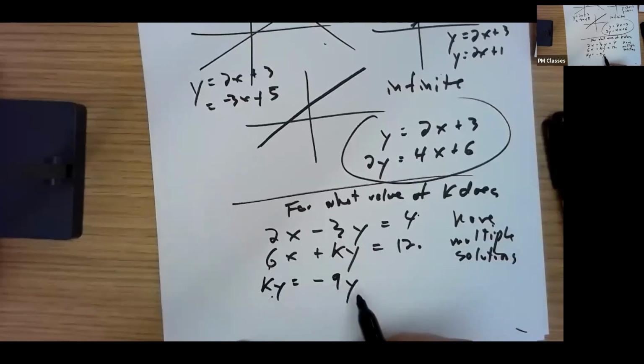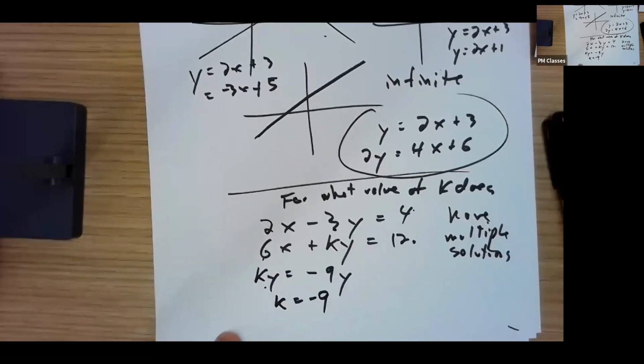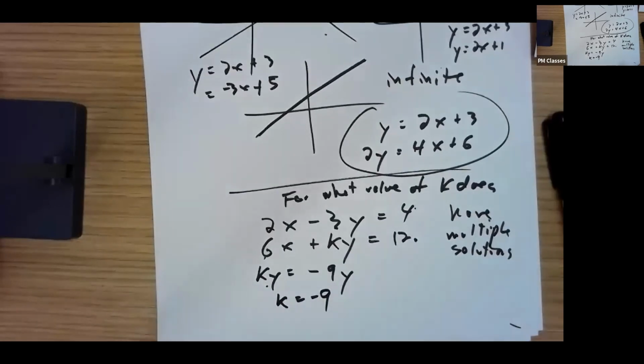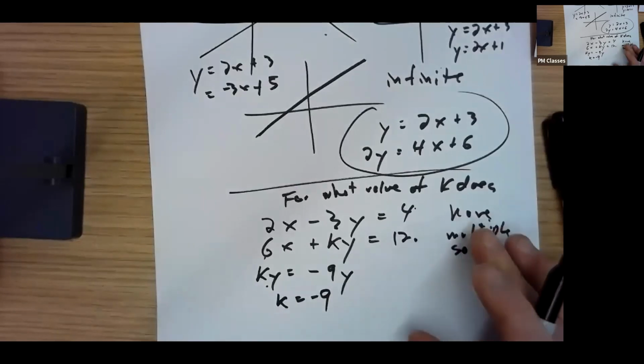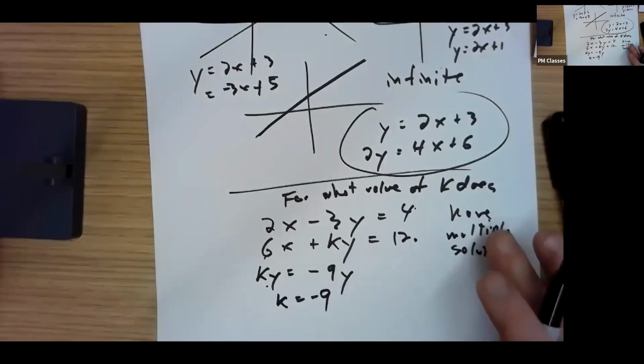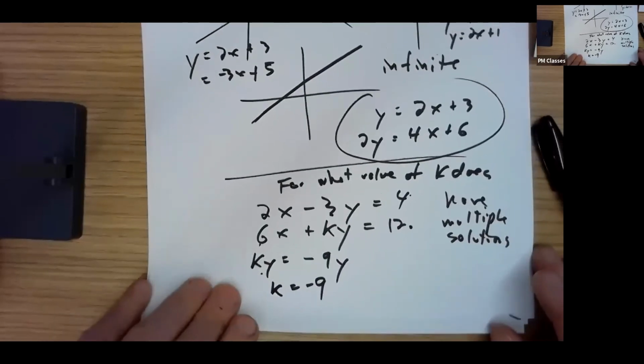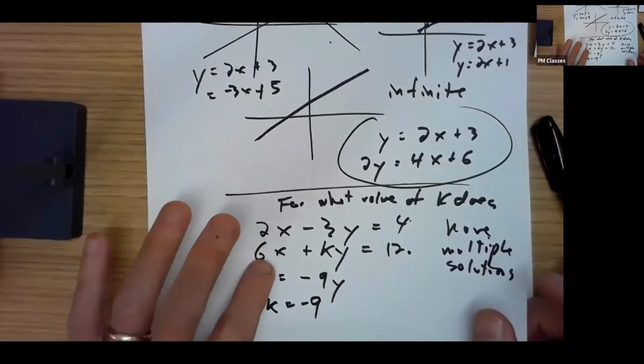So ky has to equal minus 9y, so k has to equal minus 9. Again, actually pretty simple math, a funky concept if you've never seen it. You're like, what are they asking me to do? So again, some easy stuff with lines, some hard stuff with lines.